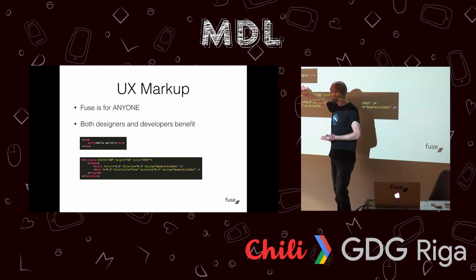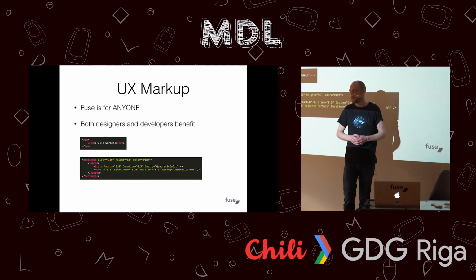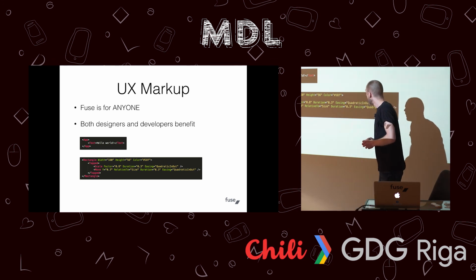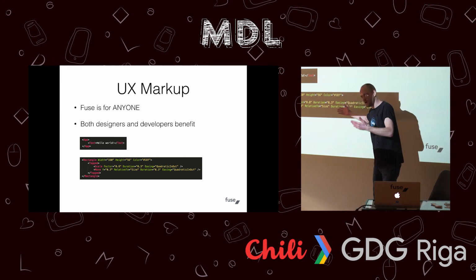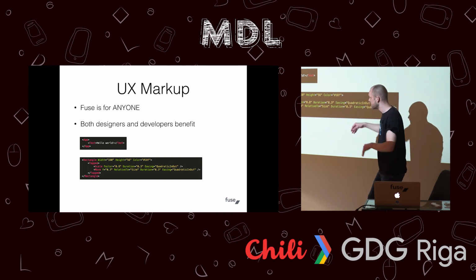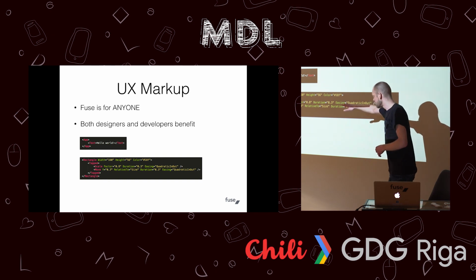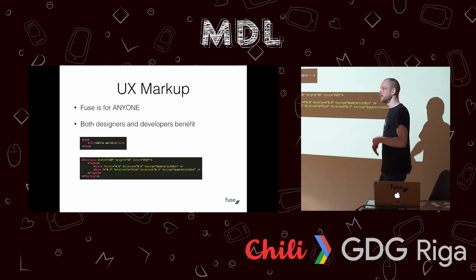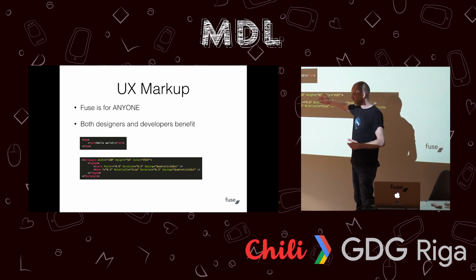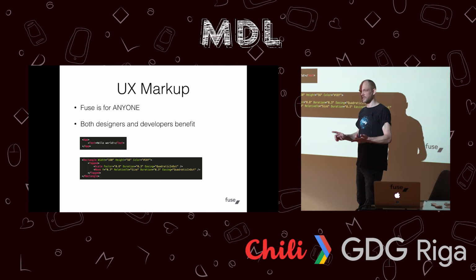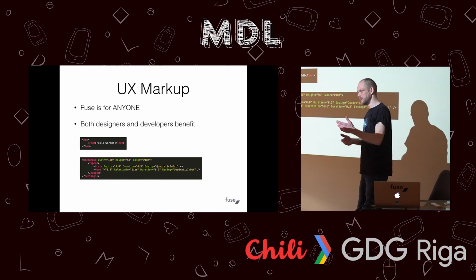App starts, app ends, and then you have this text that says hello world. Here's a bit more complicated example with a rectangle that is that wide and that high. It has some sort of a nice bluish color, and then you can also write all the user interaction. When you tap an element, there is a UX element for that. Tapped, there's clicked, there's a lot of these triggers.